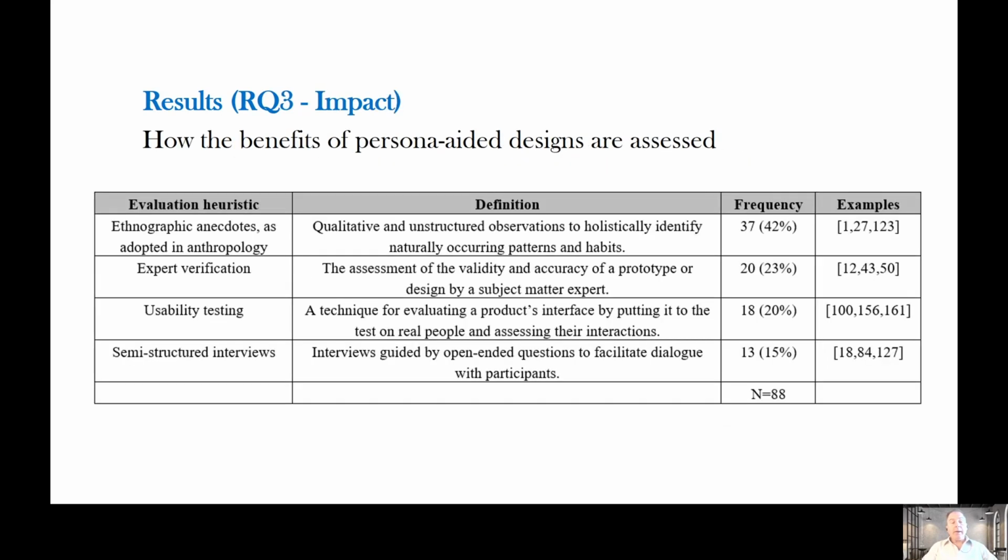In terms of impact, when I say impact, measuring the impact of personas, ethnographic methods were far and away the most common. And as a mixed method researcher, I specifically think this is a problem. I value the qualitative approach. I think it adds great insights.